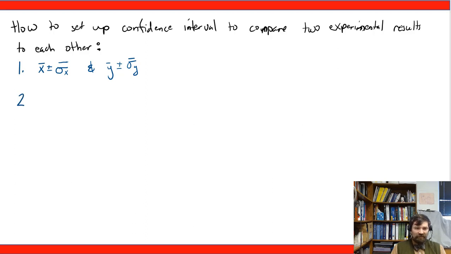Okay. To get the z-score, z will now look like the difference between the 2 averages, and of course you take an absolute value, divided by the sum of the 2 means.